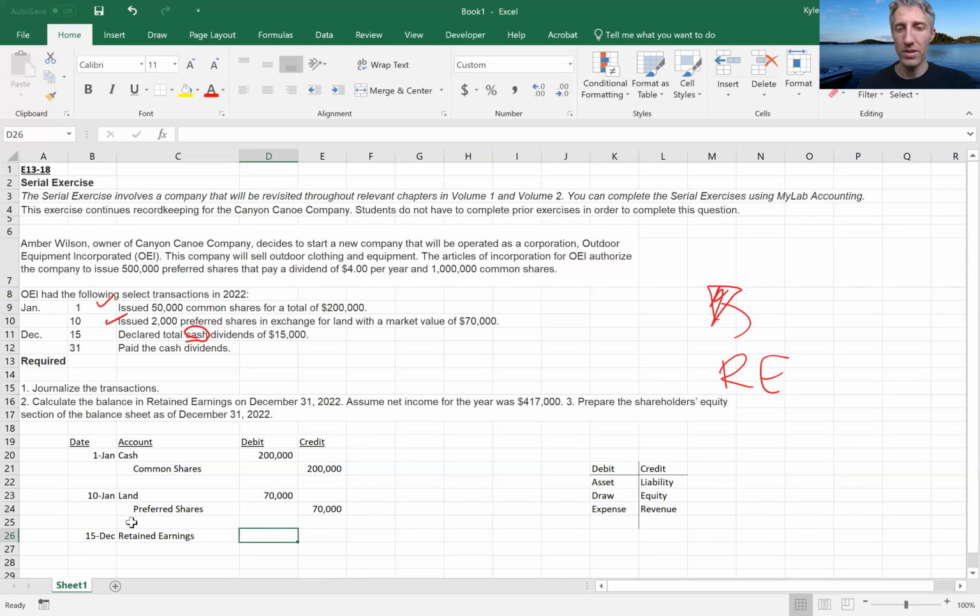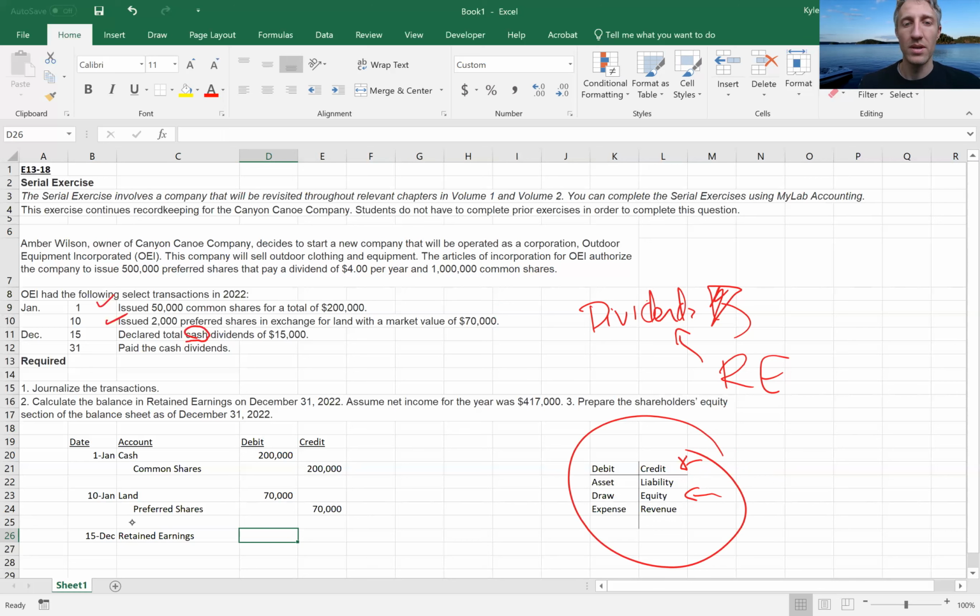Well, retained earnings is a part of equity. To increase retained earnings, I would credit it. Since dividends come out of retained earnings, I'm going to be lowering retained earnings, which means I'm going to do the opposite of what's in this chart. So I'm going to be debiting retained earnings in the amount of 15,000.